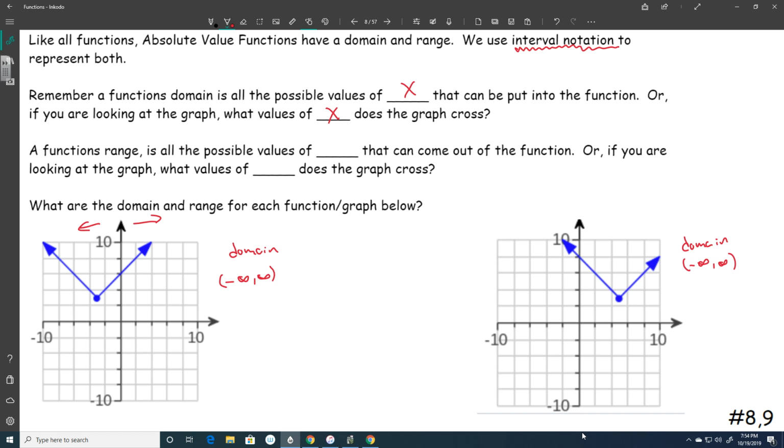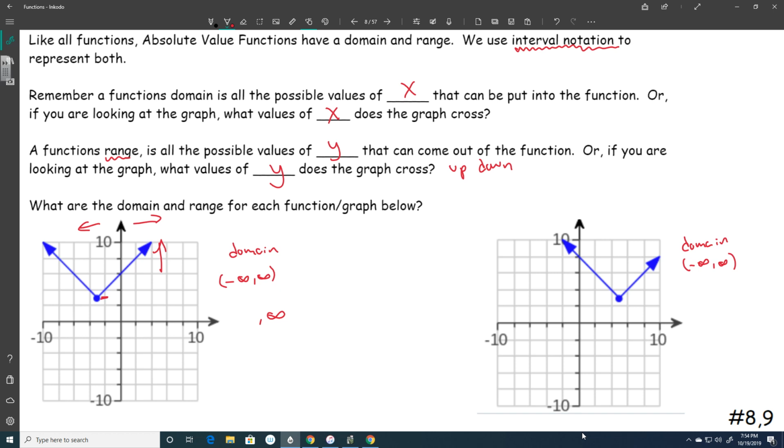And then a function's range is all the possible values of y that can come out of the function. Or if you're looking at the graph, what values of y does it cross? Or in other words, the up and down. So when I look at this picture right here, my graph goes up forever. That's what these arrows mean. It's going to keep going up and up and up to infinity. But going down, my graph stops right here.